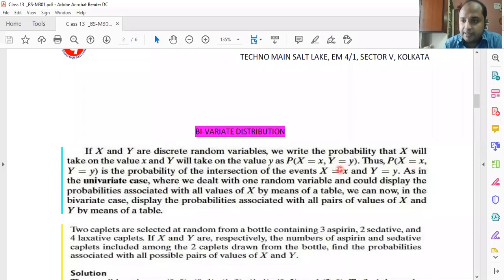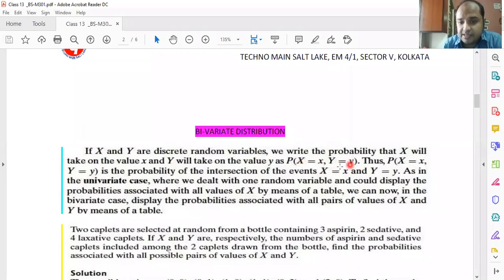simultaneously, not separately. In the previous case, in the multinomial case, we considered n random variables, capital X1, capital X2, capital Xn. But that was not a multivariate case because the probabilities were considered individually. X1 has got this value, so the probability is this, like that. Now we are not going to do that. We are going to calculate the joint probability when capital X takes value small x and capital Y takes value small y simultaneously.